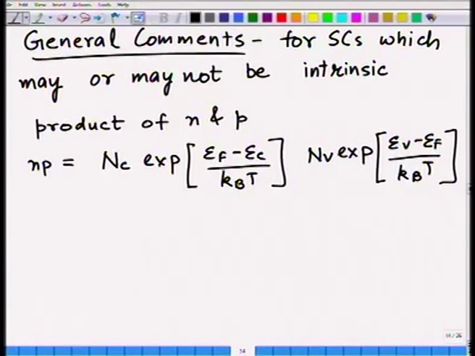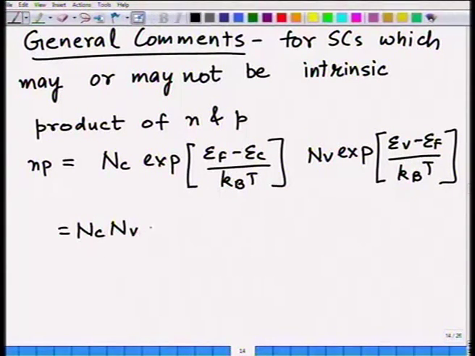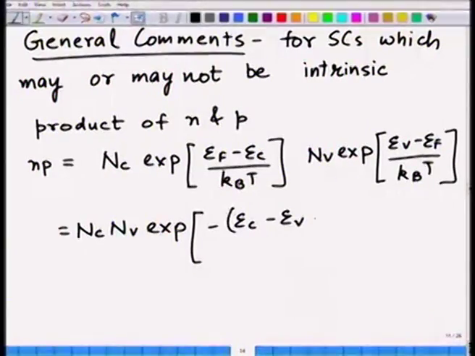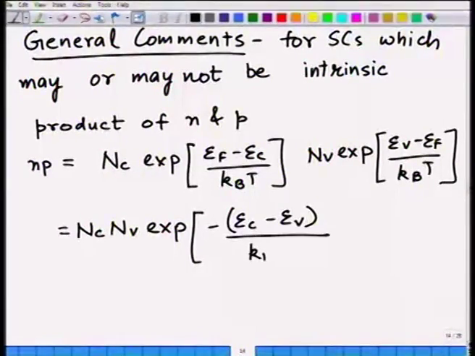We will always assume this in this class from now on, unless specified otherwise. All right. So, let us look at this: NcNv e to the power, now Ef will cancel out, and what I am going to get is minus (Ec minus Ev) by kBT.